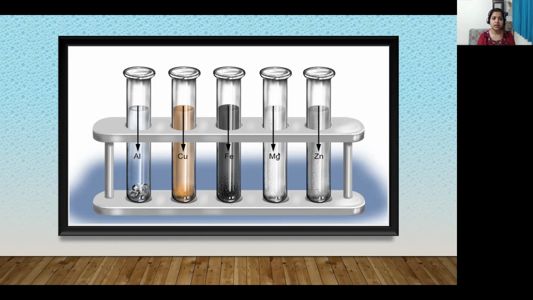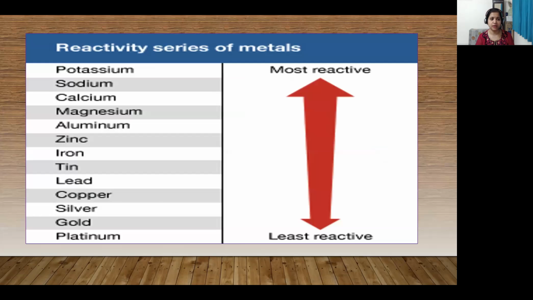So why do metals react with water differently? Because it depends on their reactivity. According to the reactivity series, potassium, sodium, and calcium are very reactive. They can even react with cold water. But gradually, as you go down, magnesium, aluminum, zinc, iron, lead, copper, mercury, their reactivity decreases as we go downward.